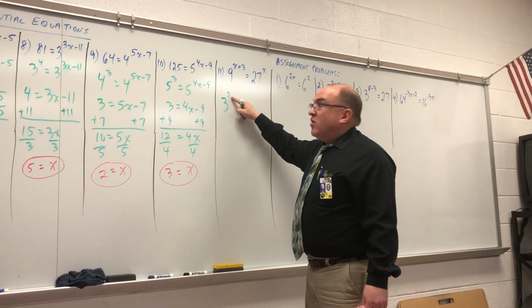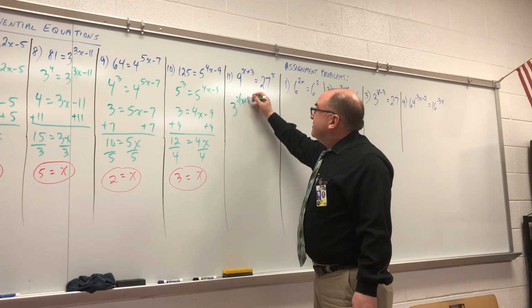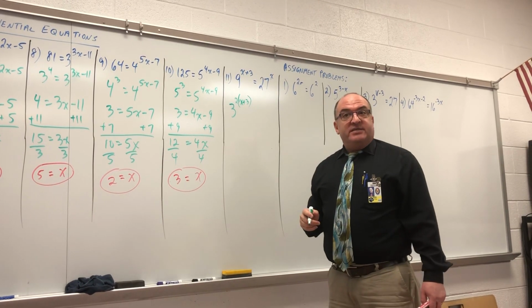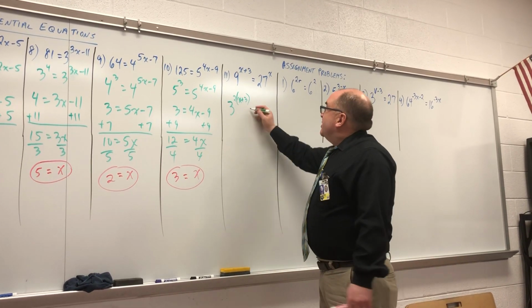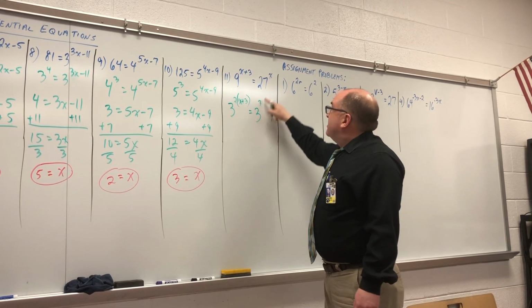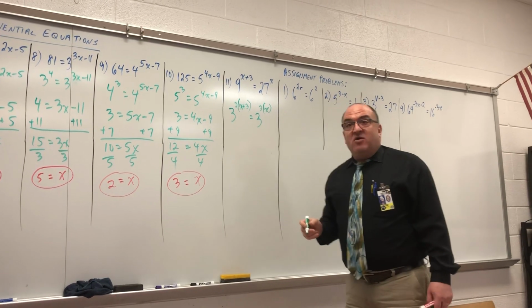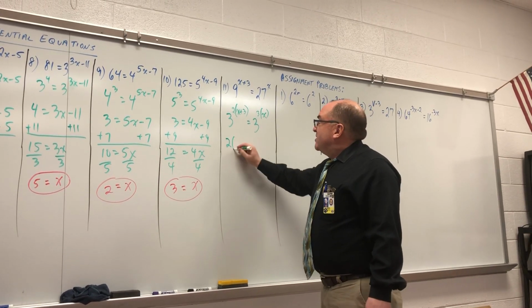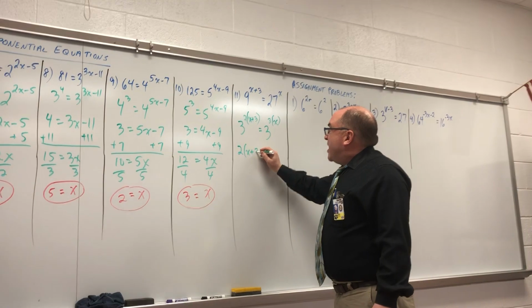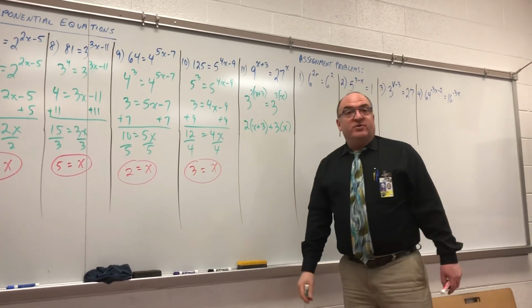But now I'm going to put the x plus 3. Don't lose that. I'm going to put it in parentheses. 27 is 3 to the third power times the x. Okay? So now we have 2 times the quantity x plus 3 equals 3 times x. Do you see what I did?